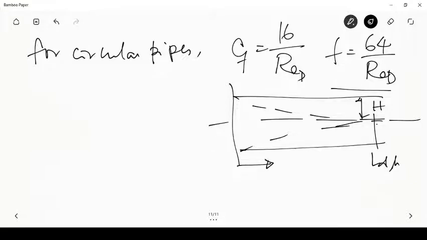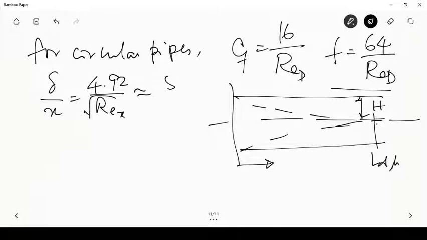Okay, we know that delta by x is equal to 4.92 divided by Re_x to the power of half. So we can say it's approximately 5 by square root of Re_x.